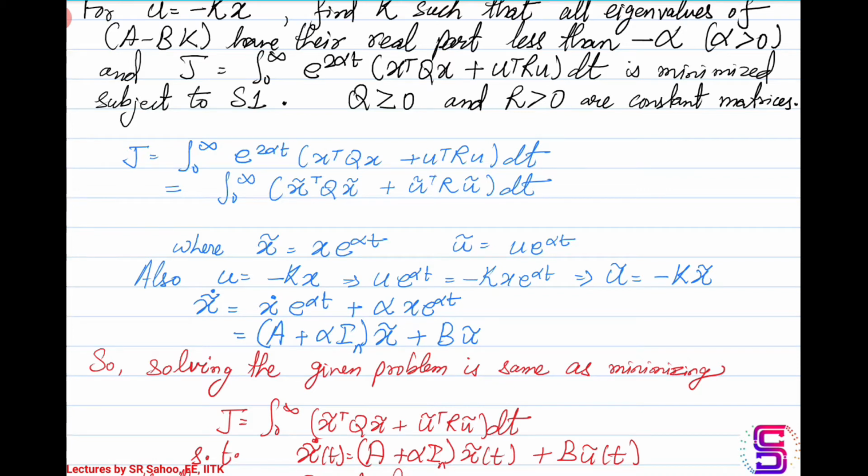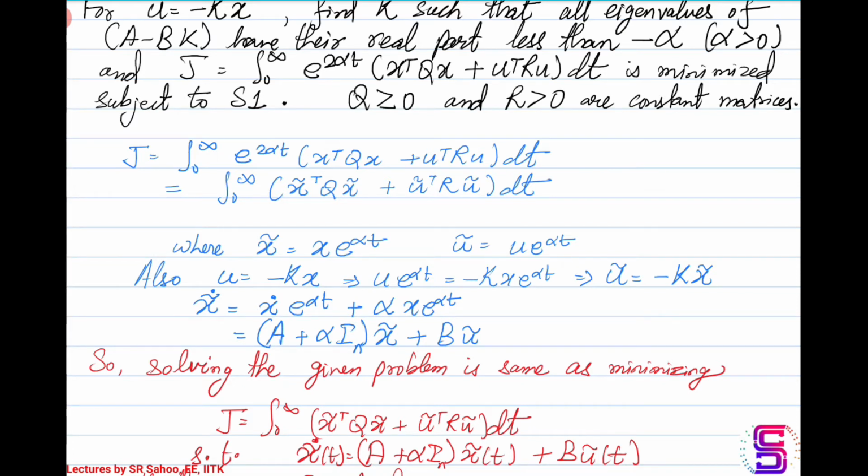Please note that since alpha is just a scalar quantity which is positive, e^(2αt) is also a scalar quantity. Okay, so now the state feedback controller that we had was u equal to minus Kx. So if you multiply e^(αt) to both LHS and RHS, what we end up with is a state feedback controller in terms of u tilde and x tilde.